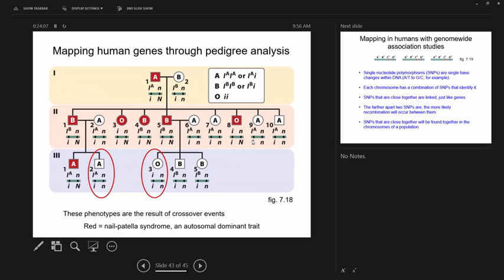Type A in their progeny, which is what this is. The only way you get type A, because this person here is type A, is that you get that chromosome, and you have to get the Nail-Patella syndrome chromosome too, right? Otherwise you'd be AB.